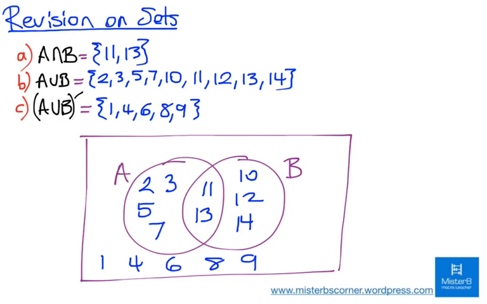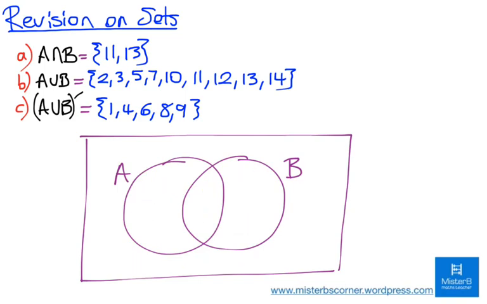This is how my Venn diagram would look like. If I was to write down the number of elements in each set, then it's not going to be like this. Rather, I'm going to write the number of elements. So A intersection B has 2 elements, 2 members, right?